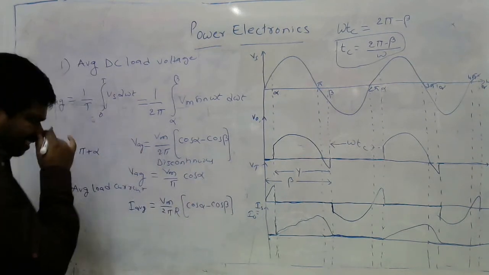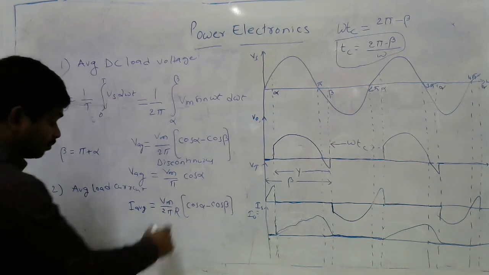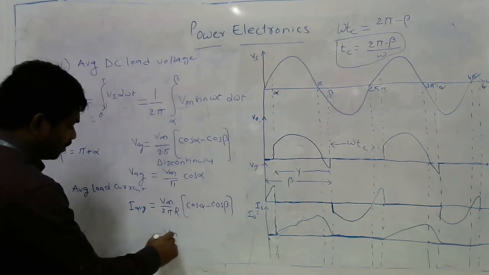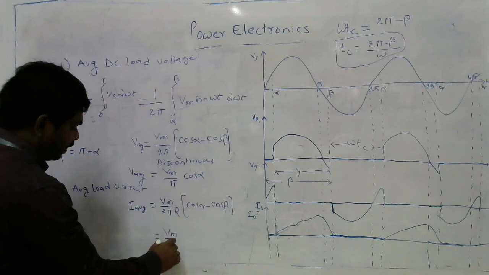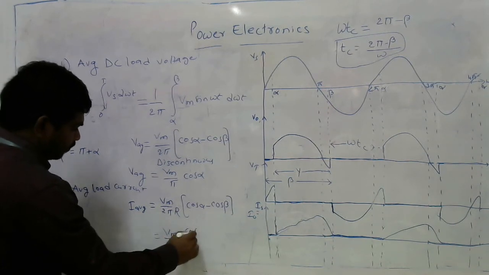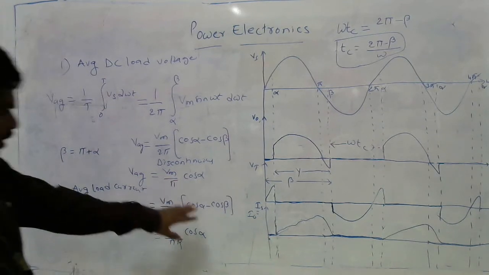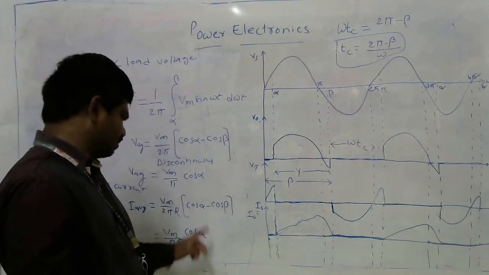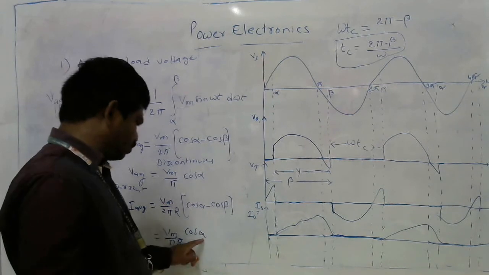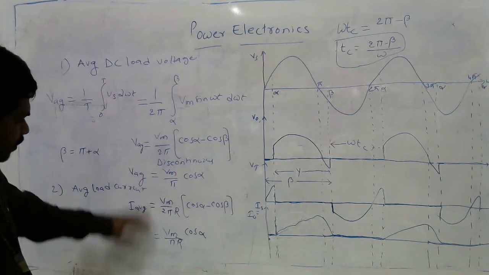This is for discontinuous mode. The same thing for continuous mode is Vm upon pi R cos alpha. You simply substitute alpha and beta values in this case, and you will get the output currents and output voltages.